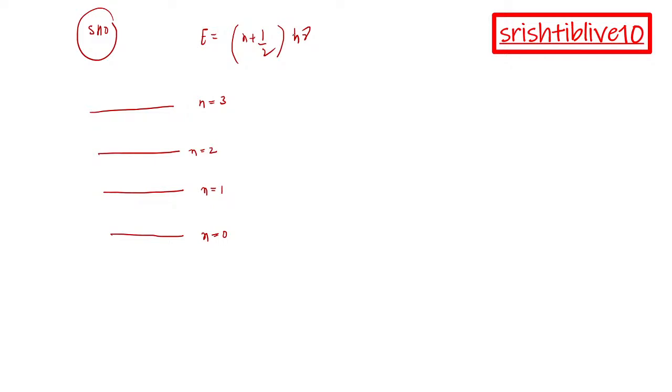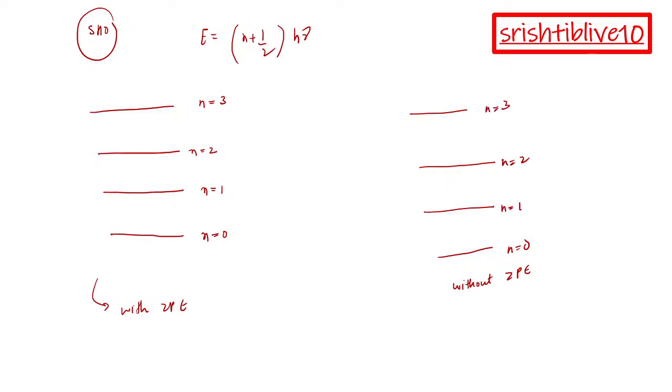This is with zero point energy. Over here I'll also write the levels without zero point energy. If I use n equal to 0, the energy is half h nu. Over here the energy is 3 by 2 h nu, over here 5 by 2 h nu, and over here 7 by 2 h nu.